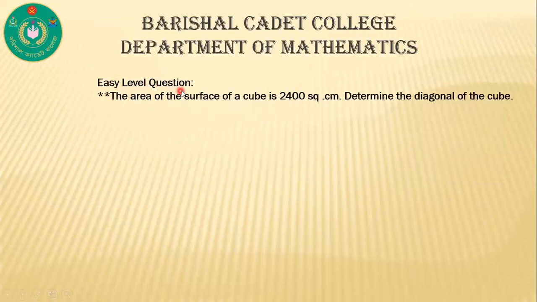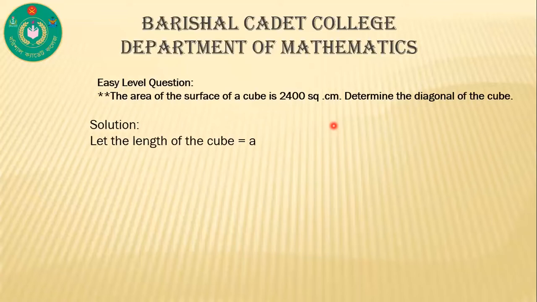Now, an easy level question. The area of the surface of a cube is 2400 square centimeter. Determine the diagonal of the cube. Solution. Let the length of the cube be a, the area of the surface of the cube is 6a square.